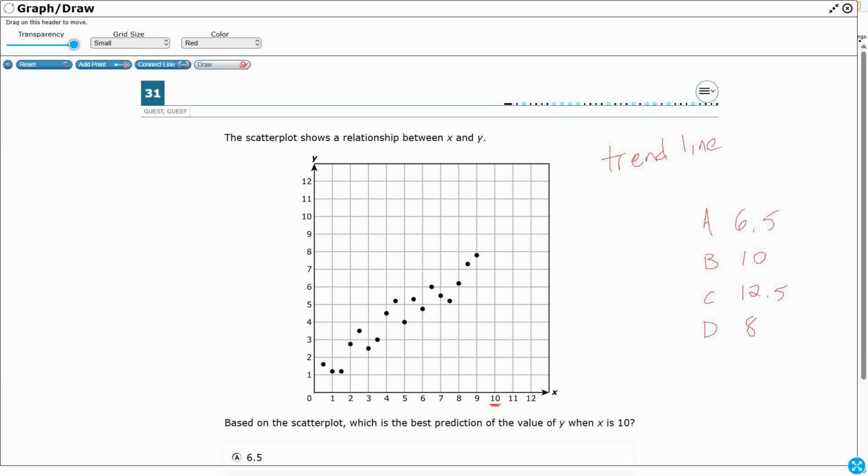So let's see, I've got 1, 2, 3, 4, 5, 6, 7, 8, 9, 10, 11, 12, 13, 14, 15, 16, 17, 18. Okay, so I've got about 18, and there are some that are clearly going to be above. So I'll say 1, 2, 3, 4, 5. Maybe we could do a 6 and a 7, and then an 8 and a 9.